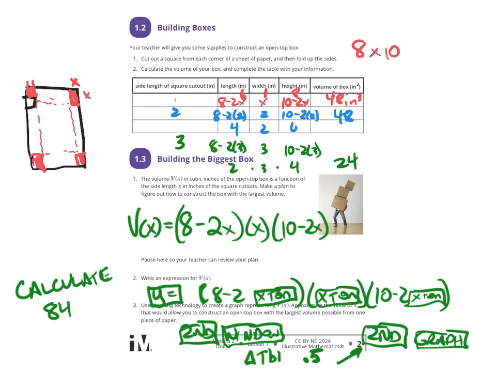Okay, so try to do this. If you have scissors and a ruler at home, try to cut out some paper. Cut the corners out. Make sure you measure each side, like I showed you before, and you can try it. And then you fold up the flaps, and you'll see that you'll get boxes.